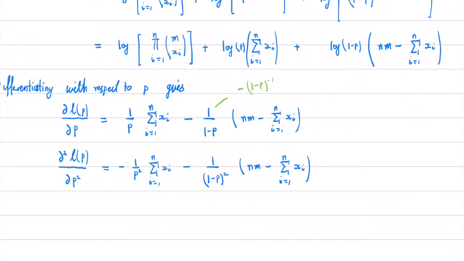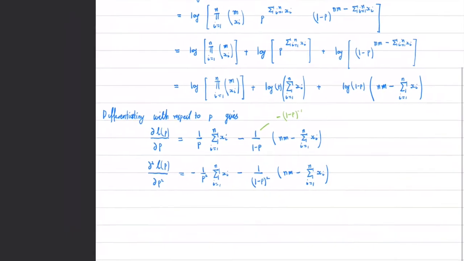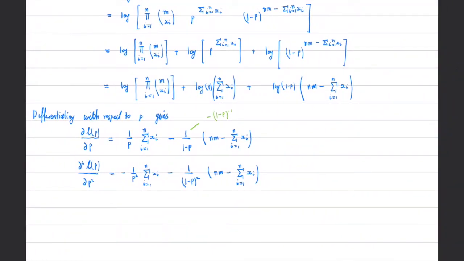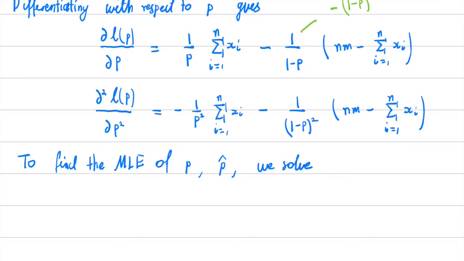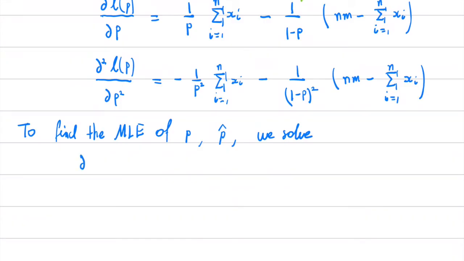Now, so we've differentiated twice, and now we've got to find the MLE. To find the MLE, or the maximum likelihood estimate of p, which we label p hat, we solve the following equation: dL over dp evaluated at the maximum likelihood estimate is equal to 0.